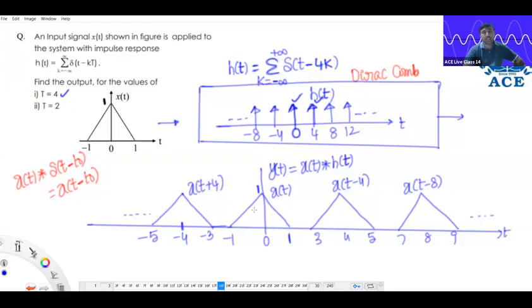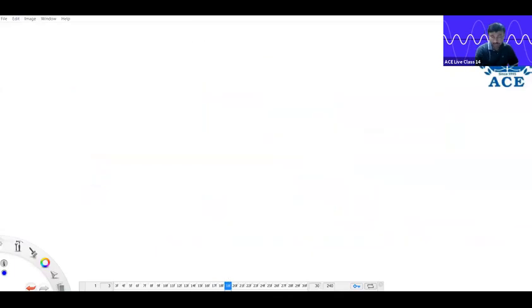Convolution of a signal with a periodic impulse train is a periodic repetition of the signal. You can make that note, sir.